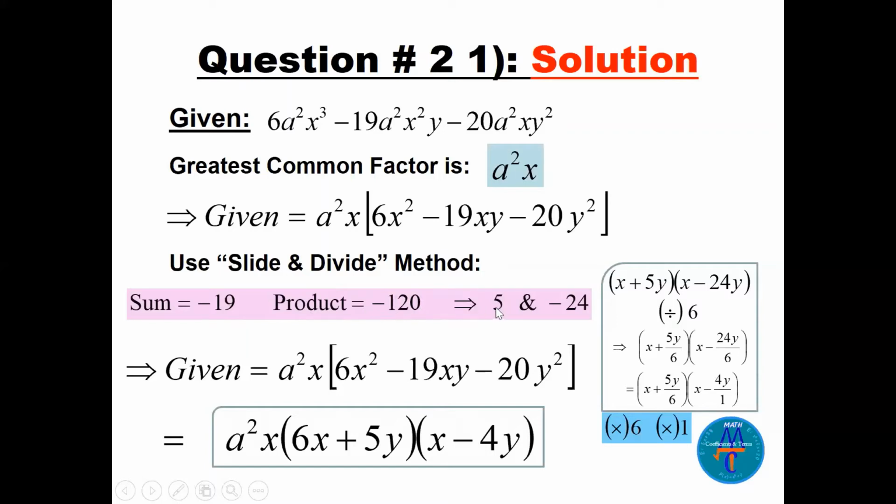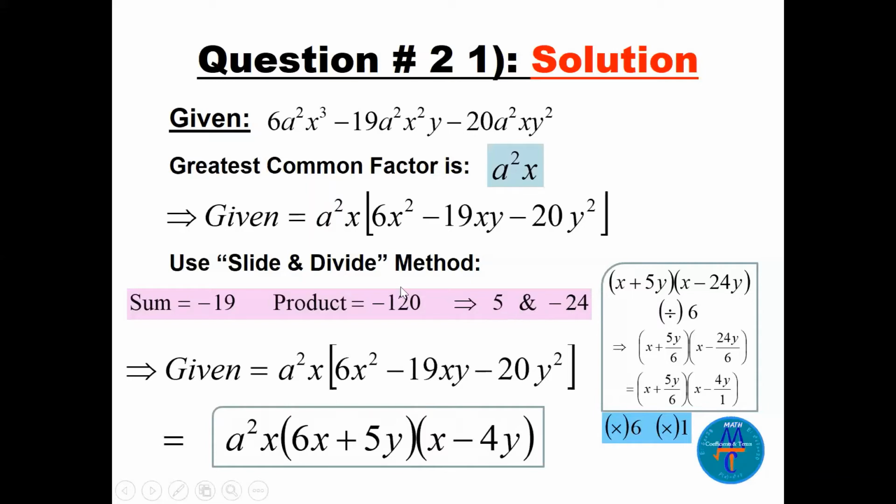These numbers are 5 and minus 24. If you add 5 and minus 24, you get minus 19. When you multiply, you get minus 120. So I take these numbers and write the factoring here: x plus 5y, this is not the complete factoring, x minus 24y. See, I get these numbers from here, 5 and minus 24.